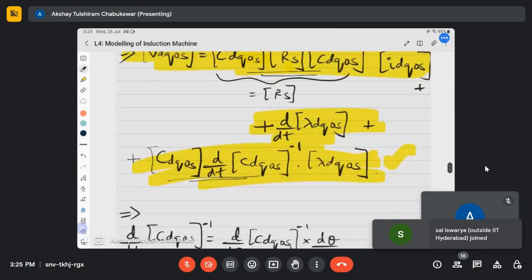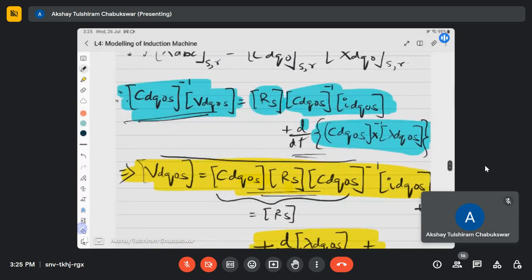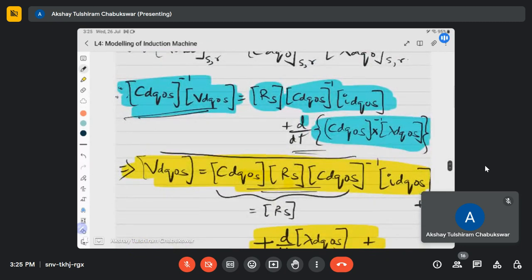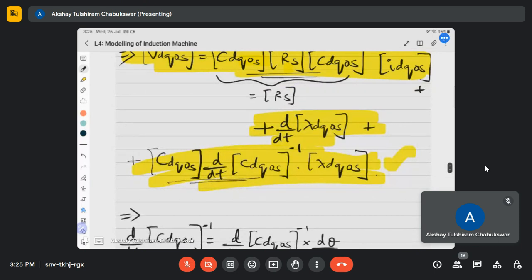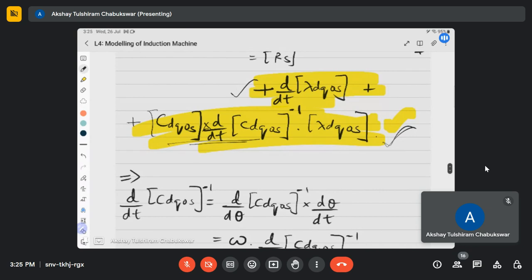That's why you get two terms. Also, you're multiplying on LHS and RHS with C dq0s, so C dq0s into C dq0s inverse will be I, which is 1. So you'll get two terms: the first term is d by dt of lambda dq0s, plus the second term, C dq0s into d by dt of C dq0s inverse into lambda dq0s.